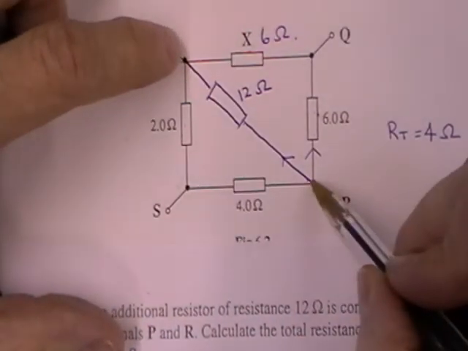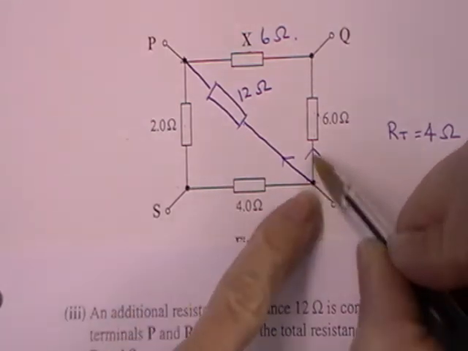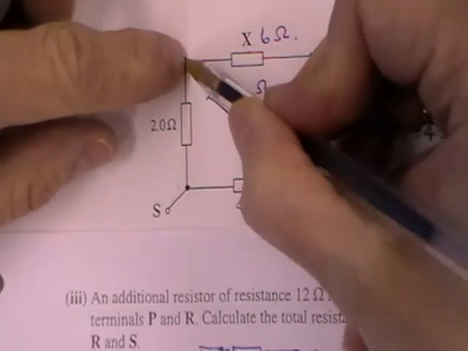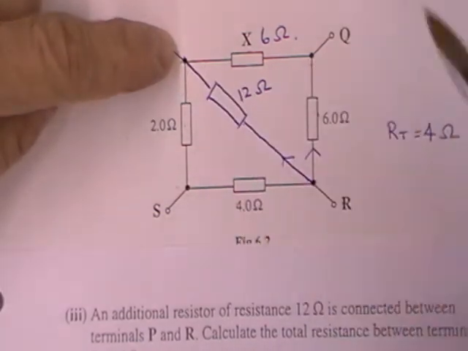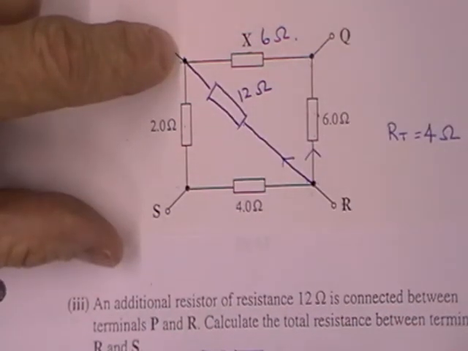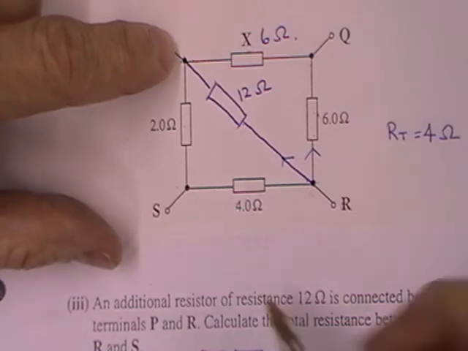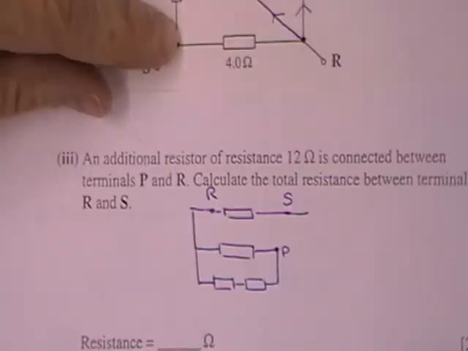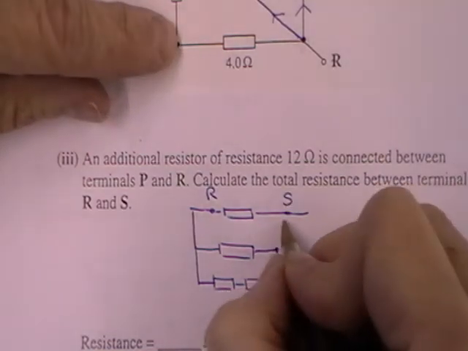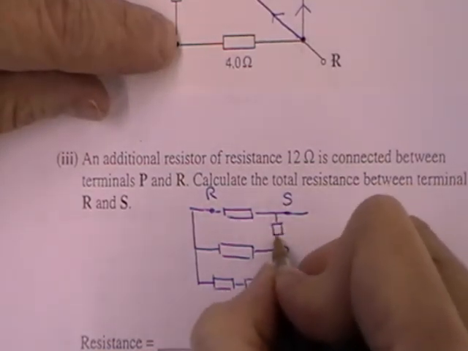Okay, so there's my current going from here round through the 6 and the 6, meeting at P, and it has split up here. Some of it goes through the 12, so it meets at P again. So really that is this point P. But then we have another resistor to get through before we get to S. We have another resistor to get through, and it's got a resistance of 2 ohms.